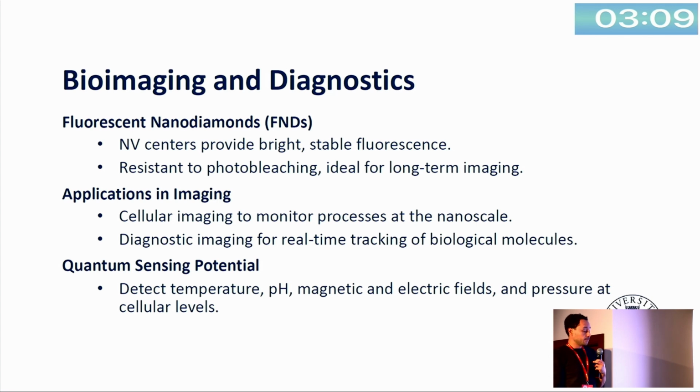Applications for imaging include monitoring processes at the nanoscale within cells, diagnostic imaging for real-time tracking of biological molecules, and these NV centers contain electron spin states. This can be exploited for quantum sensing of temperature, pH, magnetic and electric fields, and pressure at the cellular level. This is within tissue, within cells, and even within organelles.